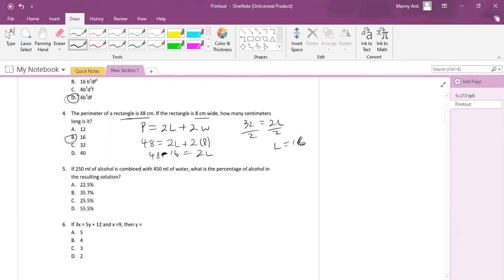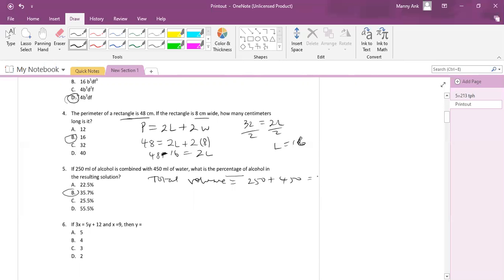Okay, number 5. The answer is B. If 250 ml of alcohol is combined with 450 ml of water, what is the percentage of alcohol in the resulting solution, right? So you need to find the total volume first. So the total volume here is your 250 plus 450.